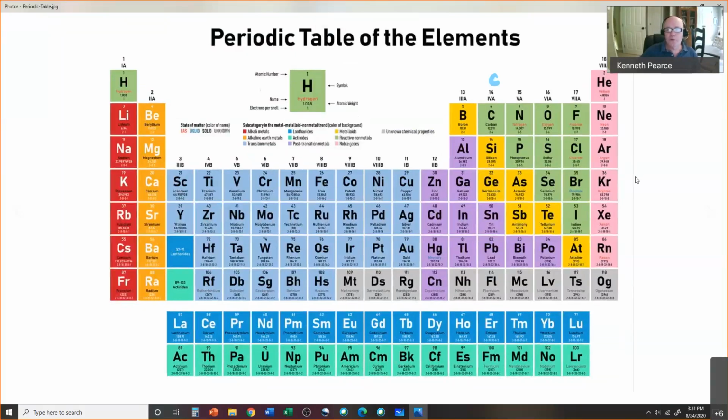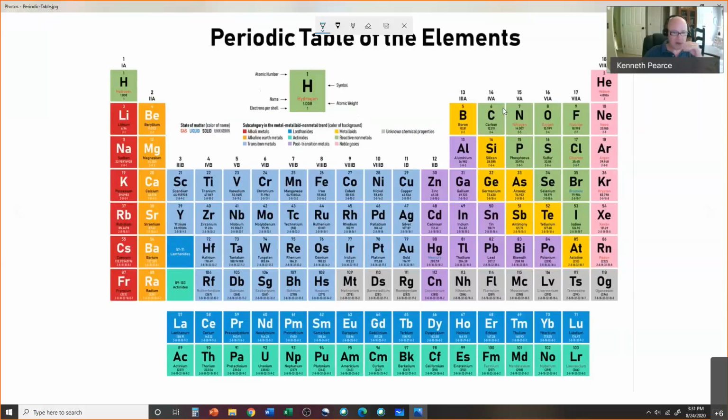You look over here, you see carbon, nitrogen, oxygen, fluorine. Each one of these is a symbol that represents the name of the element. Now, most of them are either English derived, or some come from Greek words, and some are from the names of people.